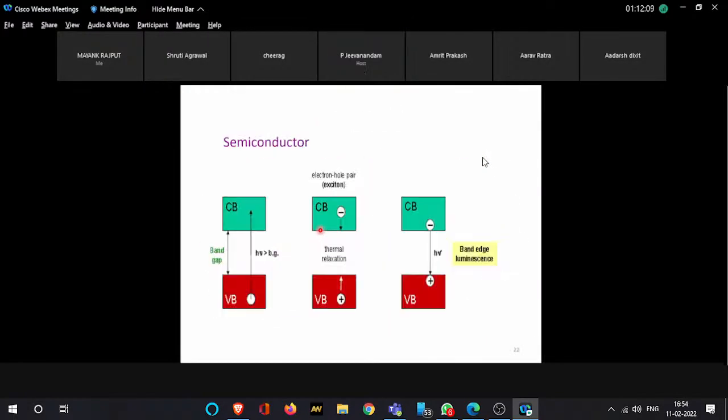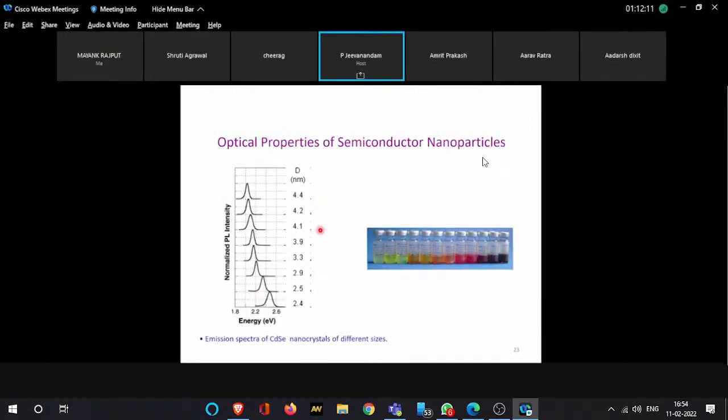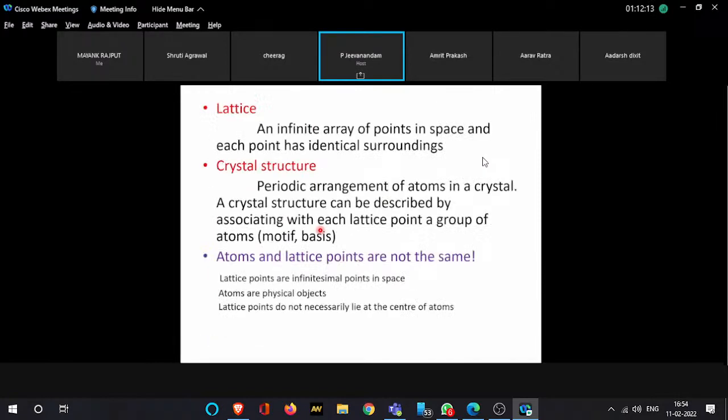I have actually 7 minutes. I think I will start X-ray diffraction. I think we talked about lattice. Crystal structure is the periodic arrangement of atoms in a crystal. And the crystal structure can be described by associating with each lattice point a group of atoms. That is what is called the motif or the basis. What is a motif?